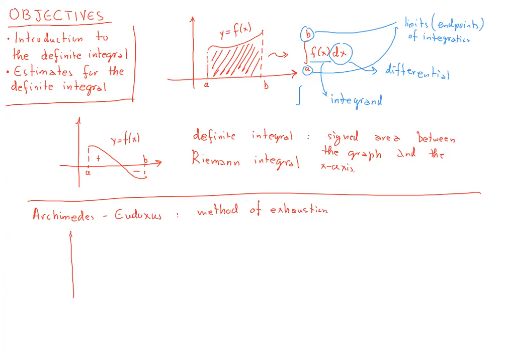Here's pretty much what they considered. Let's say you want to compute an area of a curvilinear region. And basically what you can do is not compute it directly, but try to build rectangles that approximate that area and whose individual areas can be computed and summed up.